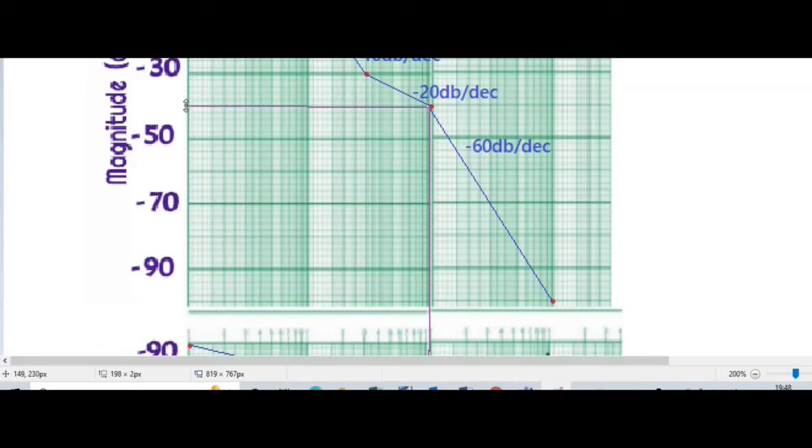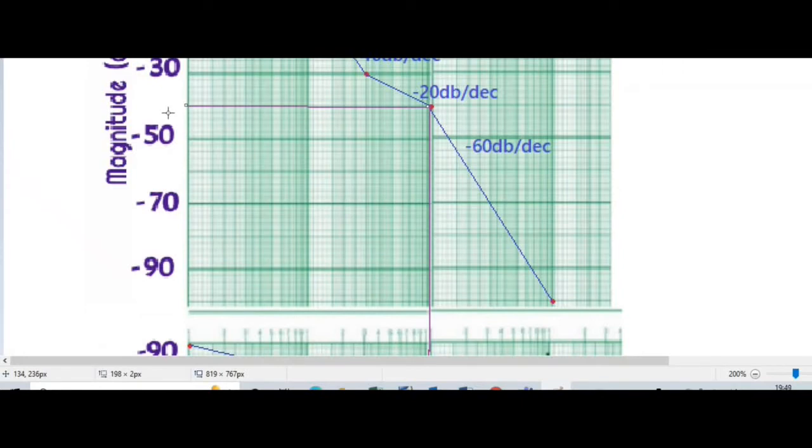Now if we observe this horizontal line, there is some scale, it is in between minus 30 and minus 50, so this middle line is there. So what is the magnitude in dB? For this horizontal line, the magnitude is minus 40 dB.